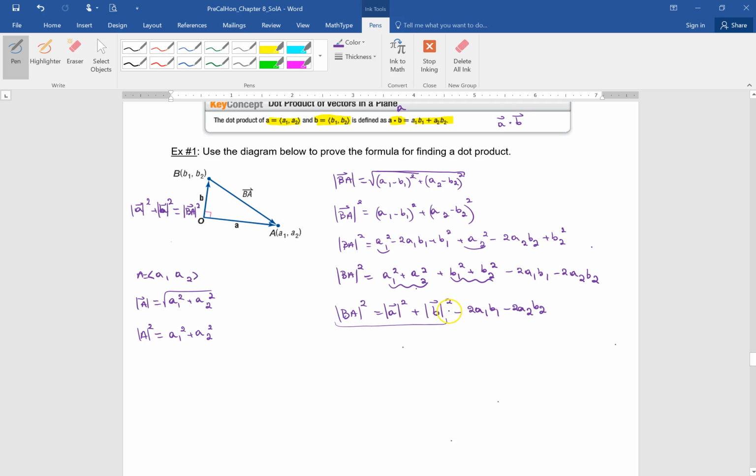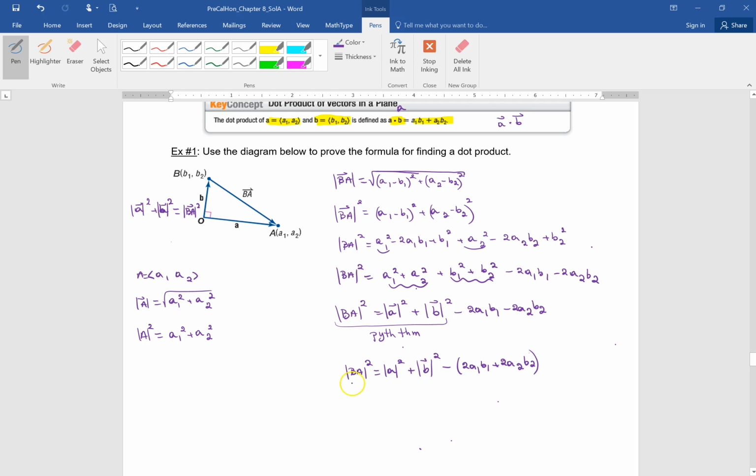This is the Pythagorean theorem, except you've got all that junk over there. So what you have really is this: BA squared is equal to A squared plus B squared minus 2A1B1 plus 2A2B2.